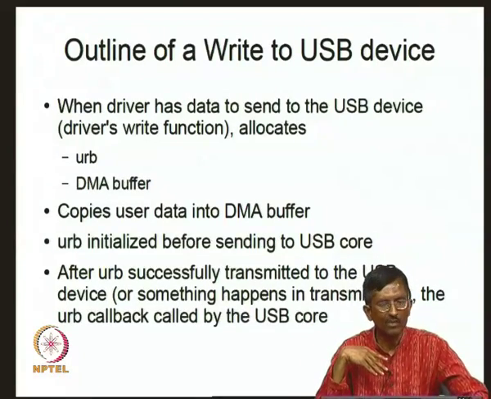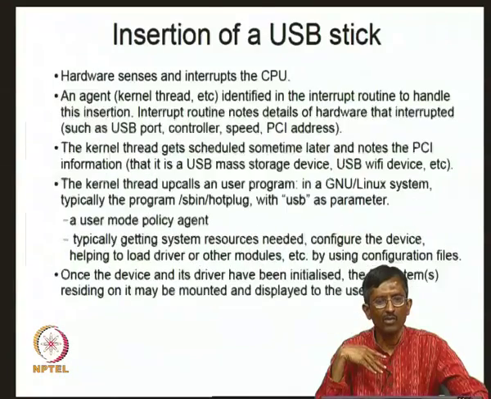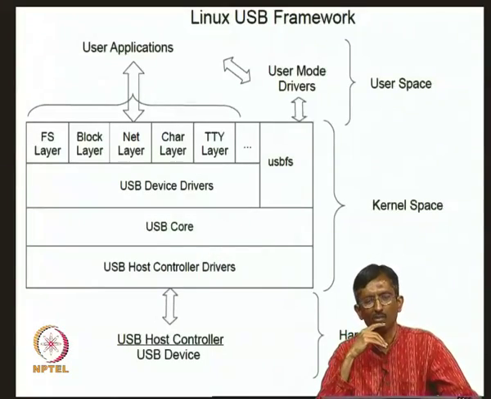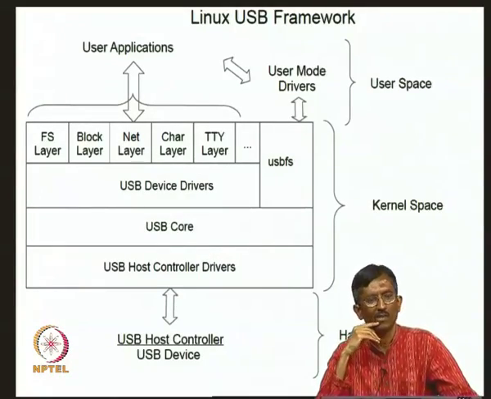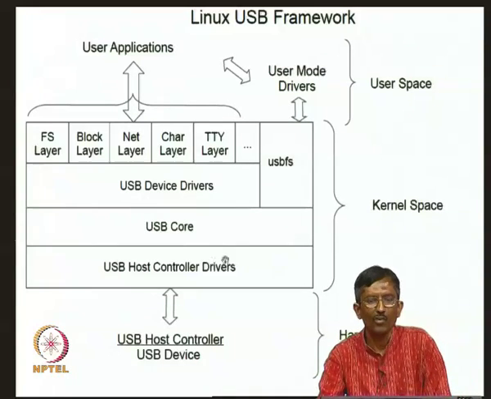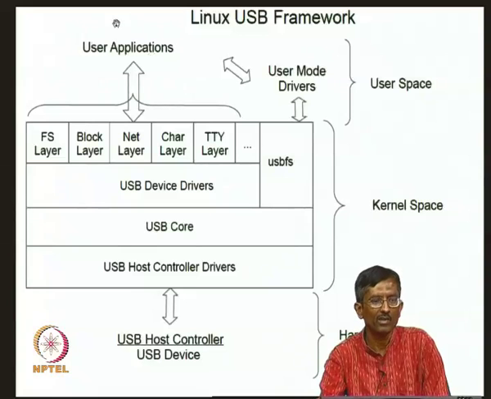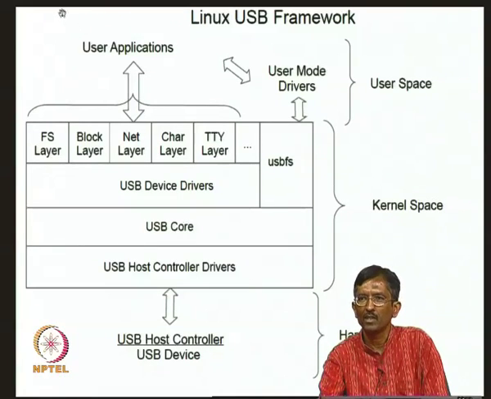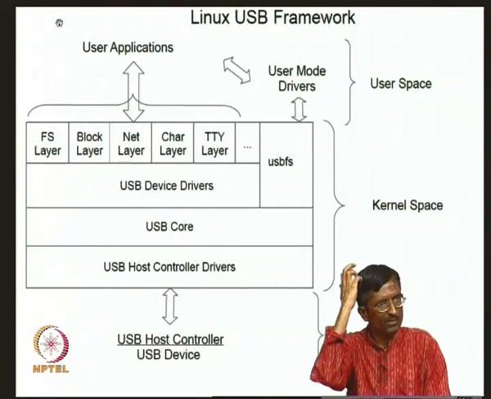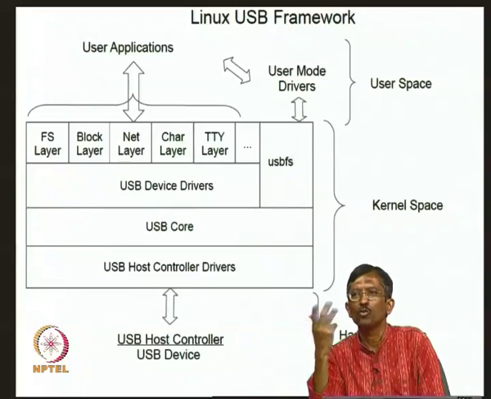So, in a sense, if you look at this particular framework, what is going on here? You want to write to something. So, there is an application out here which wants to write something. What is it doing? It has got a user buffer.